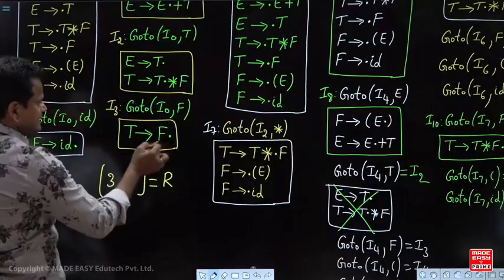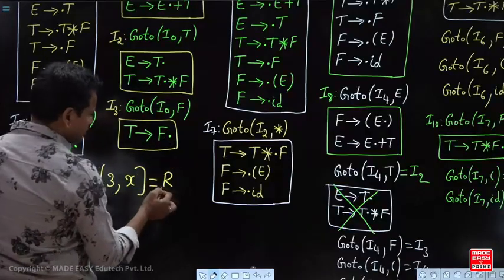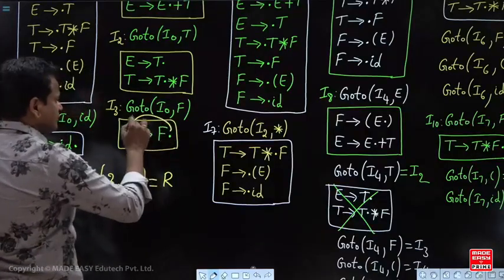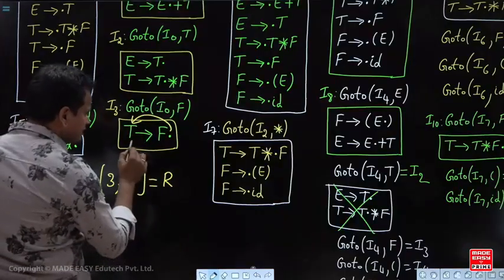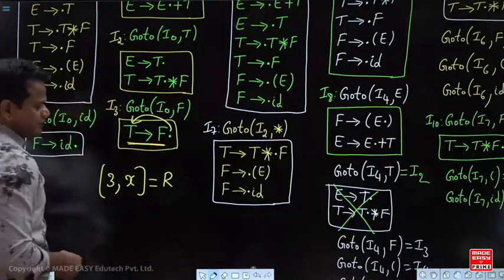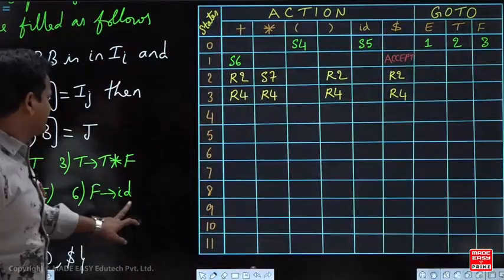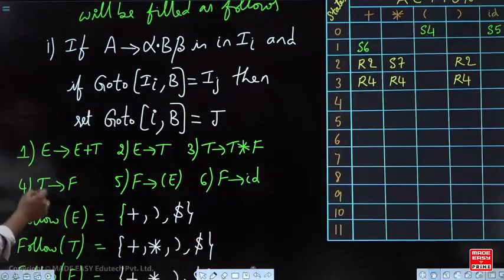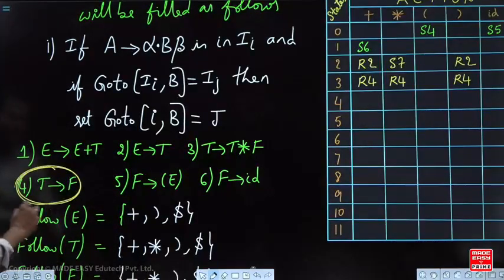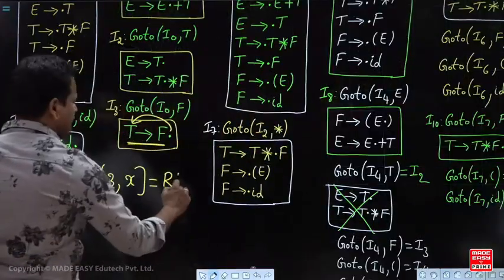And the name of the state is I3, that is in third row. Final item, reduce, xth column. X is what? Follow of T. Reduce by what? Reduce by T derives F. We have given the numbering to every production. So 1, 2, 3, 4. This is the T derives F production. And what is its number? Its number is 4. It is not 3. So R4.